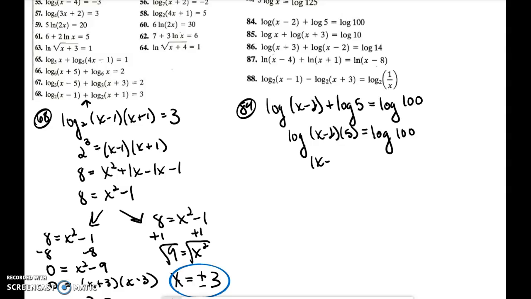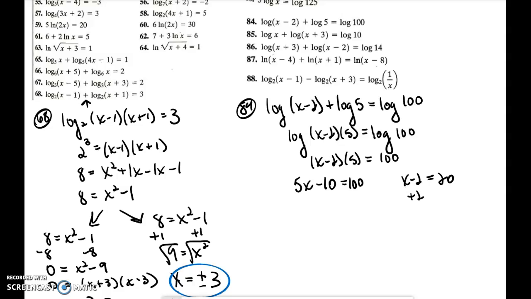So the x minus 2 times 5 must be equal to 100. And so really I could distribute the 5, or I could just divide both sides by 5 at this stage. So if I distribute it, it would be 5x minus 10 being equal to 100. Or if I wanted to divide both sides, I would end up with x minus 2 equals 100 divided by 5, which is 20.